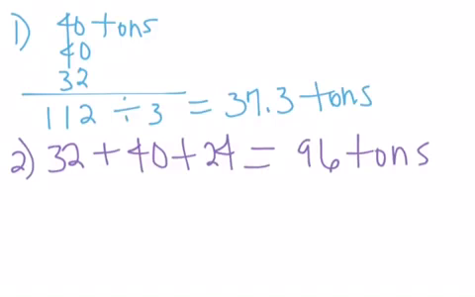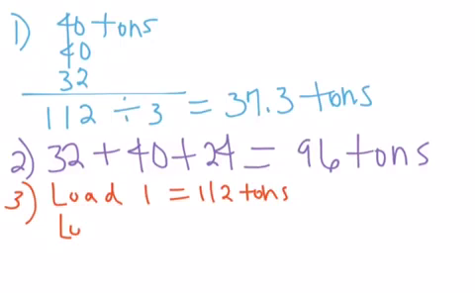Number 3 says, which load delivered the most gravel per load? On this question, they're wanting you to look at load 1, load 2, load 3. And if you add up load 1 across, it's 112 tons.